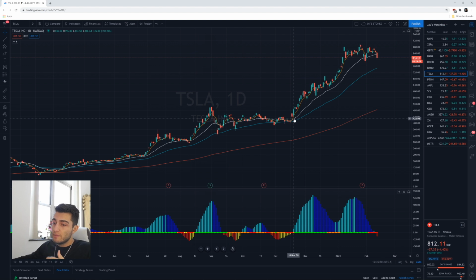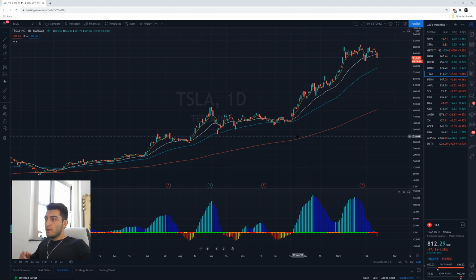So you want the 5 to be above the 20, and obviously the 20 is going to be above the 50 and the 200 EMA, and that means all these moving averages are stacked positive. When all the moving averages are stacked positive, that means price is very bullish right now. Okay, so this tells you it's trending upwards, and it eliminates a lot of the stocks that aren't really ideal to get into a trade.